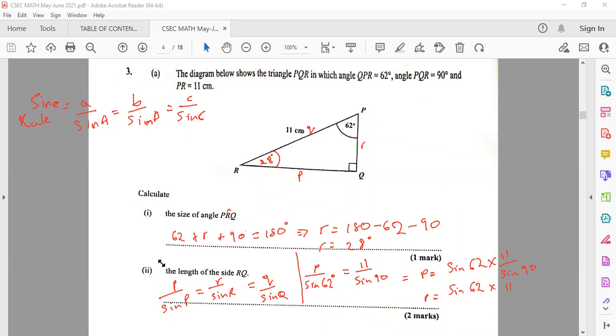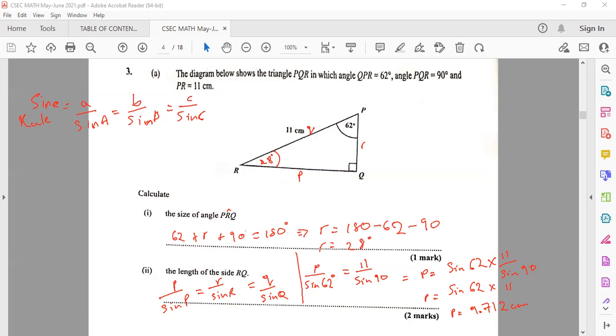So when we round that off, it is a whole number, but let's use 3 decimal places. So 9.712 centimeters. All right, and that's it.